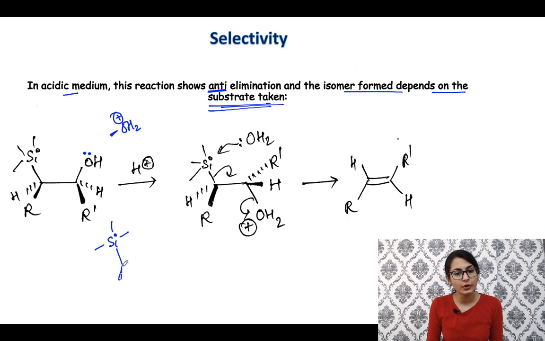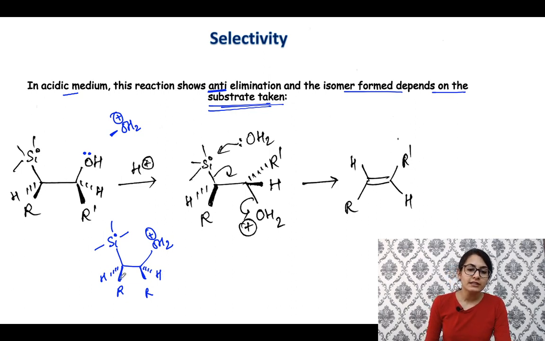Before rotating the bond, I am just writing what the molecule is going to look like before the rotation. So it's going to be an OH2 positive hydronium ion, something like this, and this is another hydrogen right over here. Since the OH is now protonated, the silicon has to be attacked by an external reagent, and the external agent is going to be water.